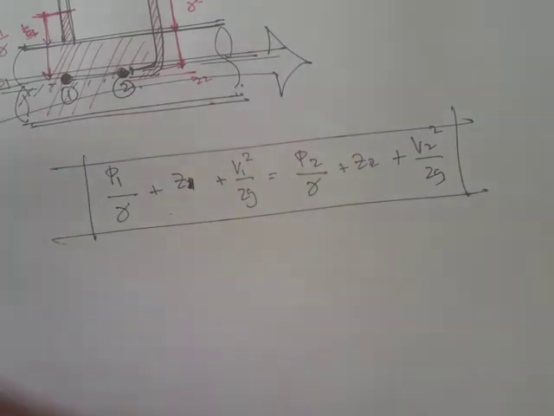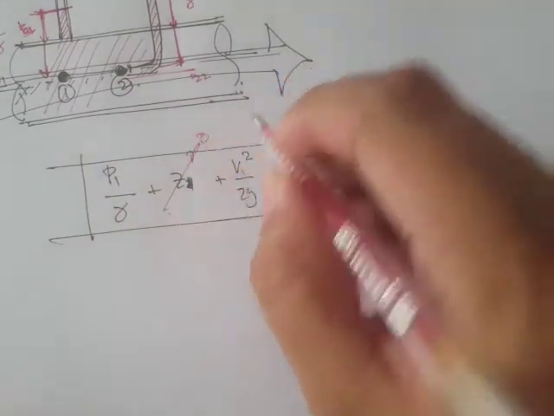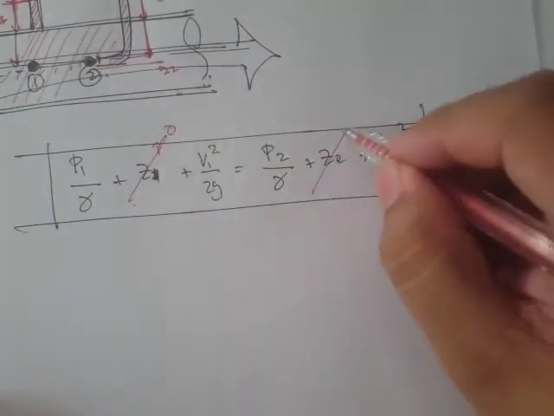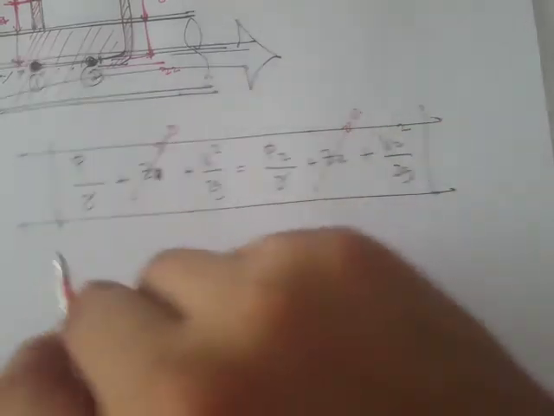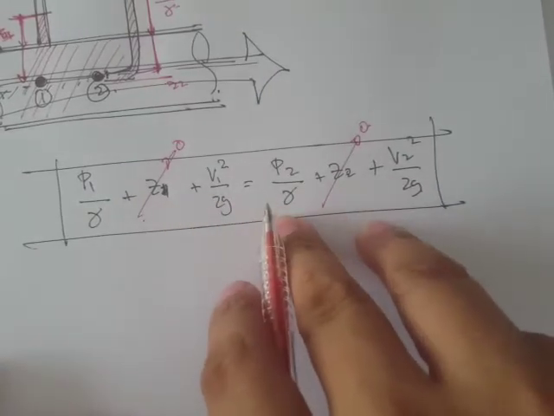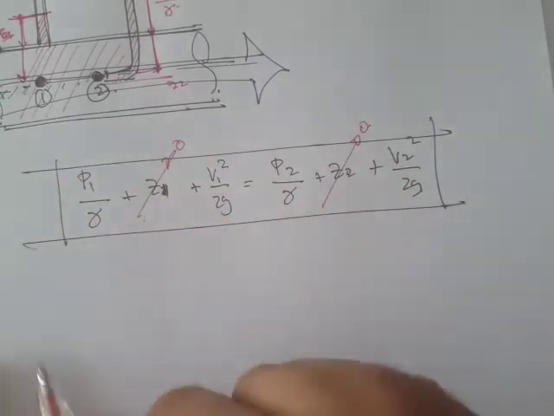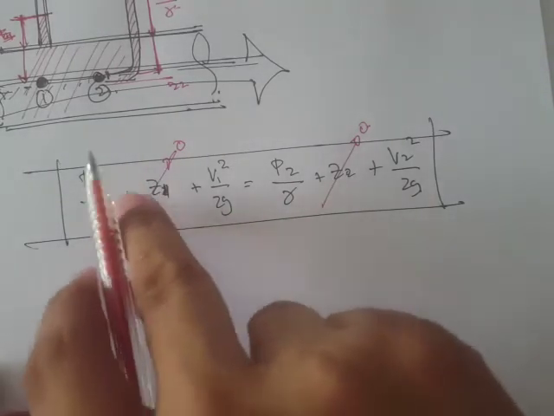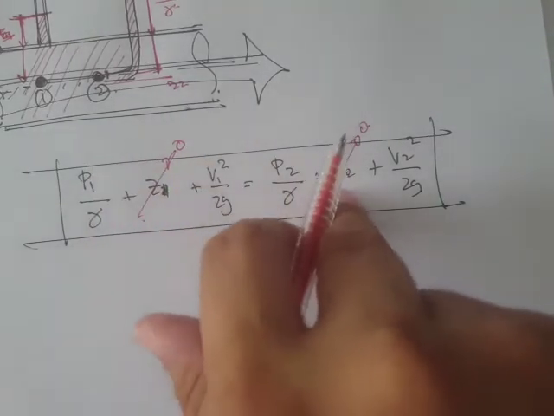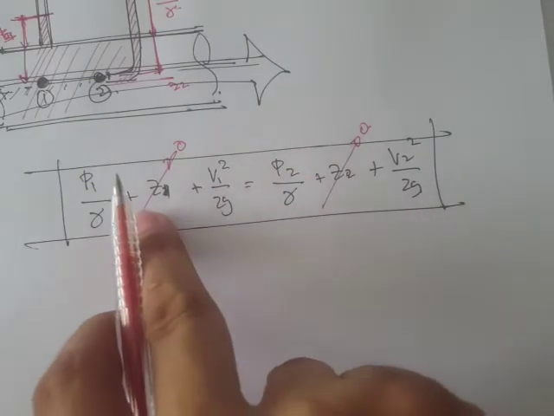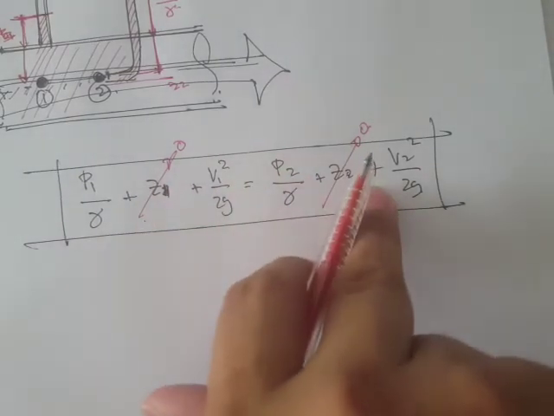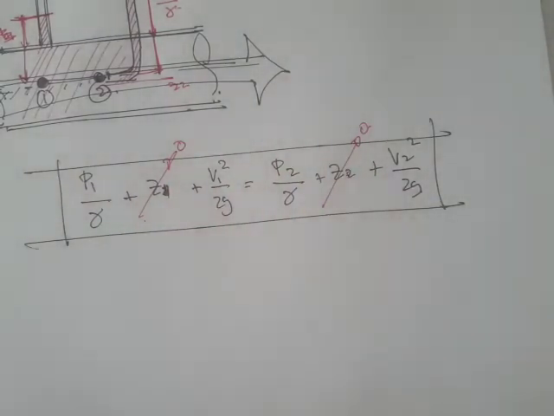Therefore we can just cancel this term. Okay, so this is also applicable for other applications. As long as you have the same elevations, then the elevation head term would just be 0.